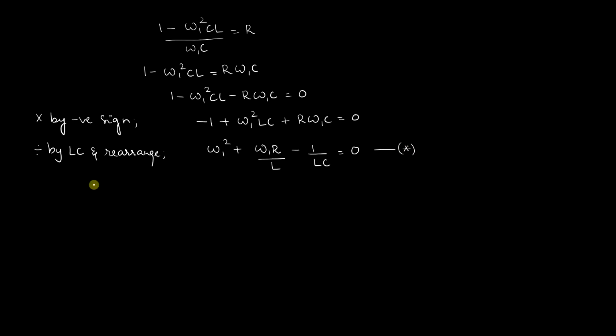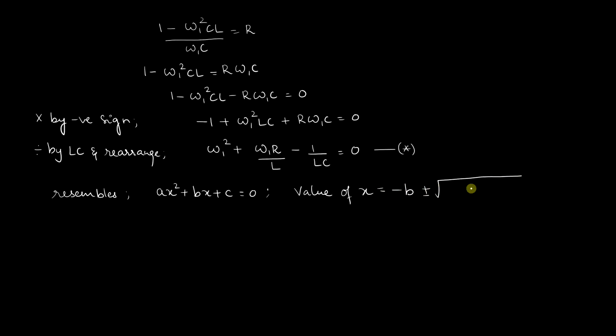So this equation basically resembles a quadratic equation of the form ax square plus bx plus c equal to 0. And to find the solution of this quadratic equation, we find the solution as x equal to minus b plus or minus square root of b square minus 4ac divided by 2a.